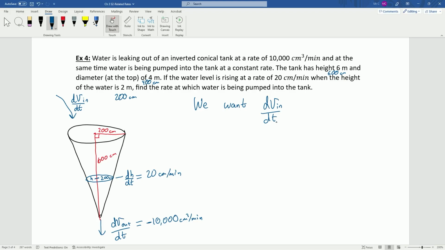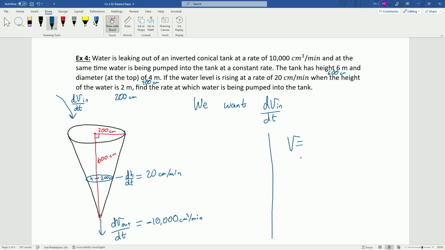Okay, well, I'm going to have to start by thinking about the volume itself. How is the volume changing altogether? We got a little bit of trickiness here. The first thing we're going to have to realize is that we have two variables involved here. So let's write our equation.